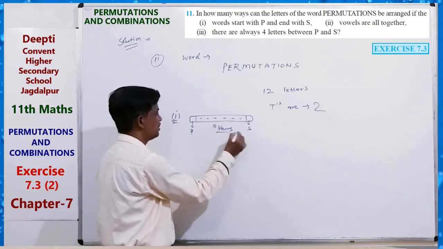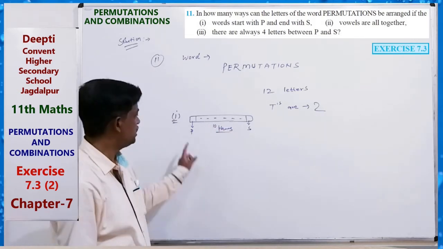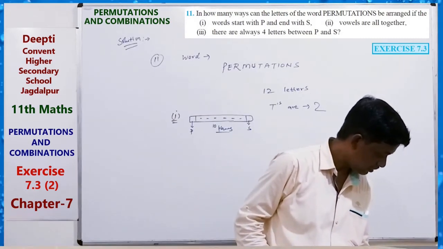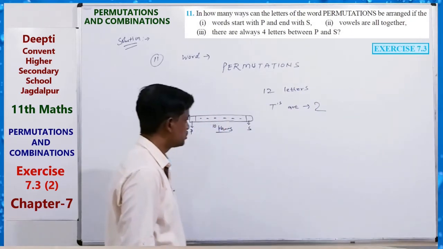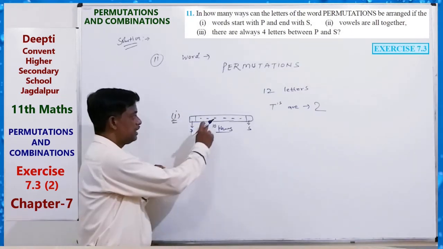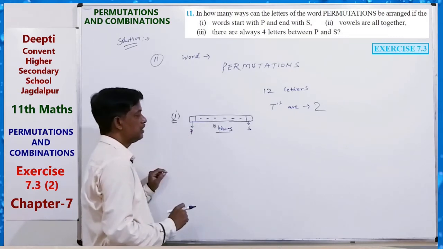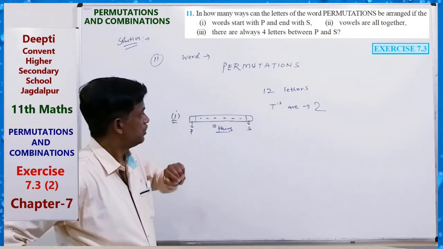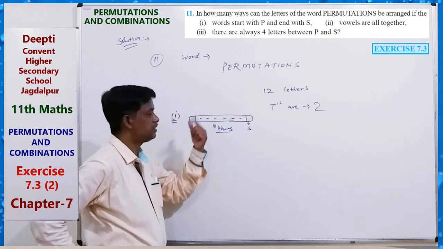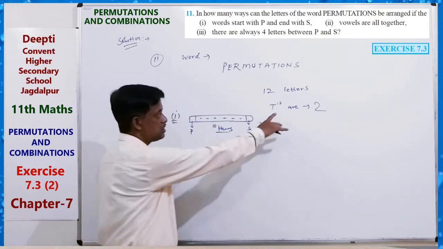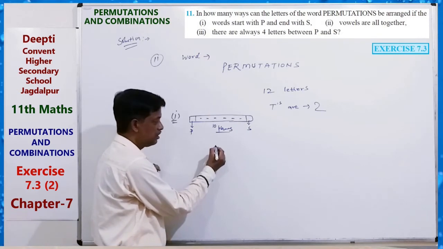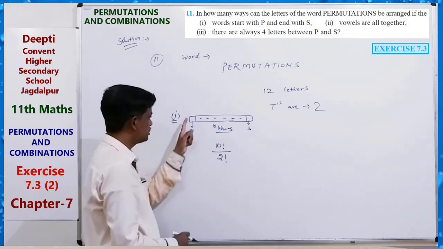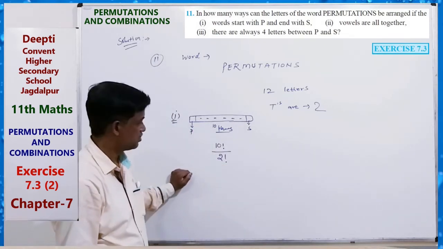P and S are fixed, so 10 places are left. Out of these 10 letters, 2 T's are the same. So the number of ways is 10 factorial upon 2 factorial, because the two places are fixed for P and S. So the first answer is this.